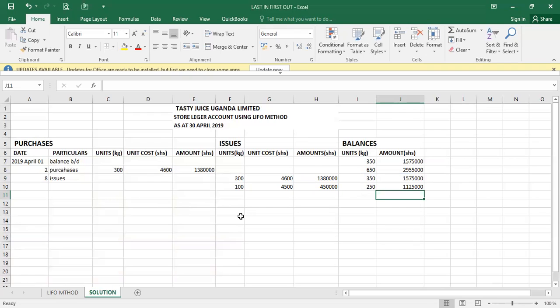Of course, some students may ask, what if we had issued out this 300 and we find that the opening balance here was, let's say, 100 or 90, which couldn't accommodate this? They cannot give you that question. Whatever method they give you, they will make sure that these units are there. You can't issue out something you don't have.